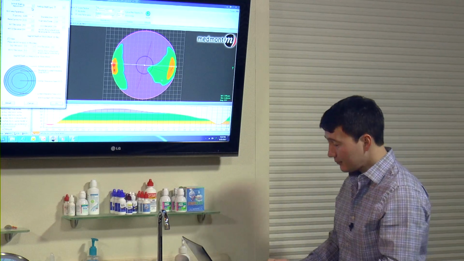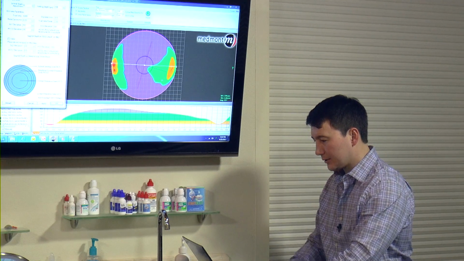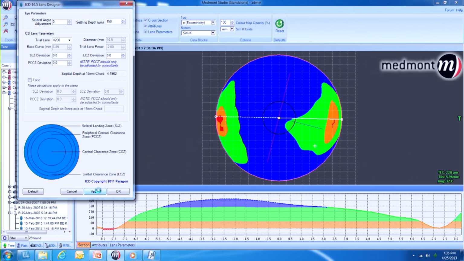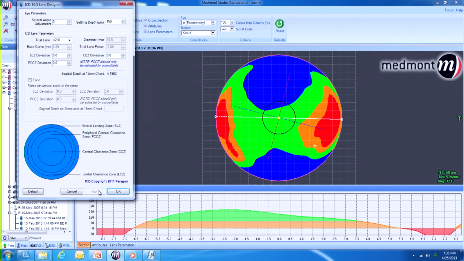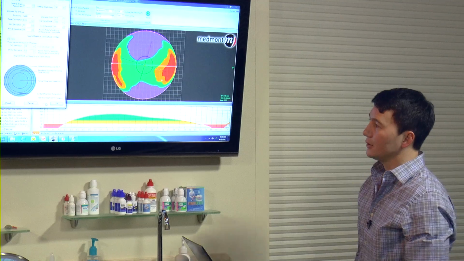Why don't we settle the lens by the average amount of settling? Let's put 150 microns of settling in and have that lens sink in. And notice how the topographer model has now allowed that lens to sink as it would normally into the boggy conjunctiva, sink in out there, and we can observe, does it appropriately clear? Does it still have the right clearance?